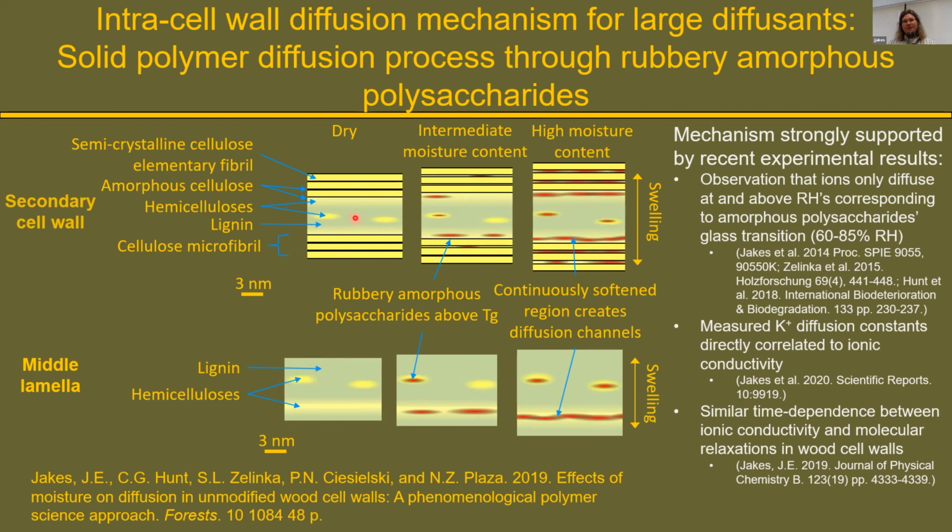And what the mechanism is, is that as you go to higher humidities, you start to get regions where these glassy amorphous polysaccharides are going through a moisture-induced glass transition and are becoming rubbery. And then once you get these continuous rubbery phases, that's when we can get the long-range transport of these larger diffusants, such as mineral ions and also adhesive components, through wood cell walls.